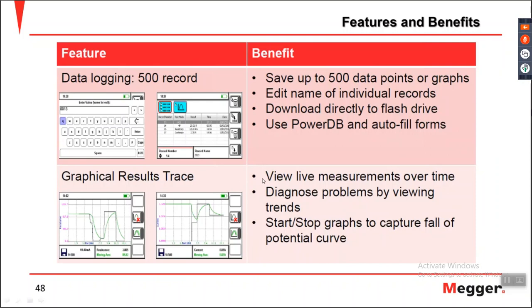And graphical result trace. You can view live measurement over time, diagnose a problem by viewing the trend, and start-stop the graph to capture the fall-off potential curve. This is a very good feature. I think you can see the graph directly on the unit.